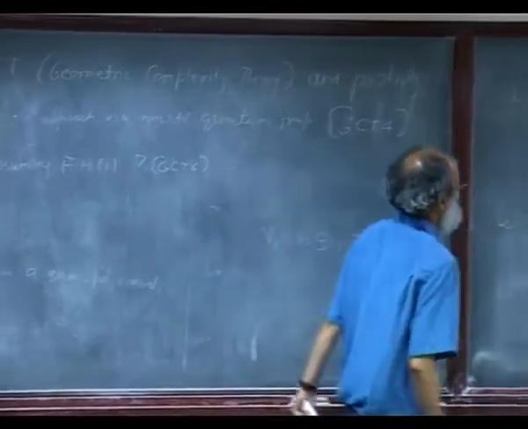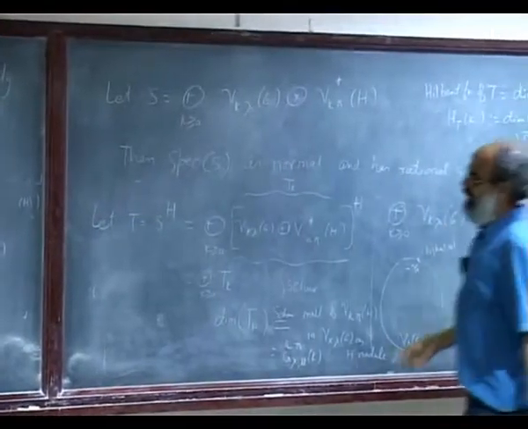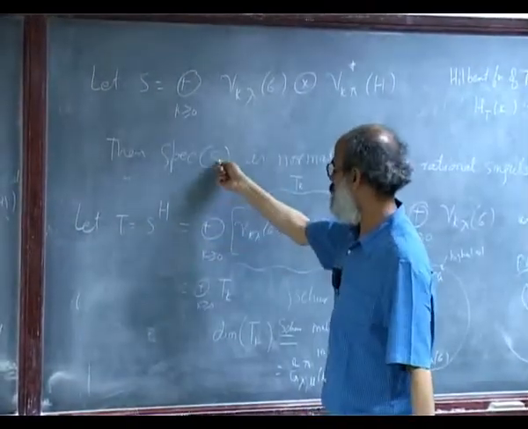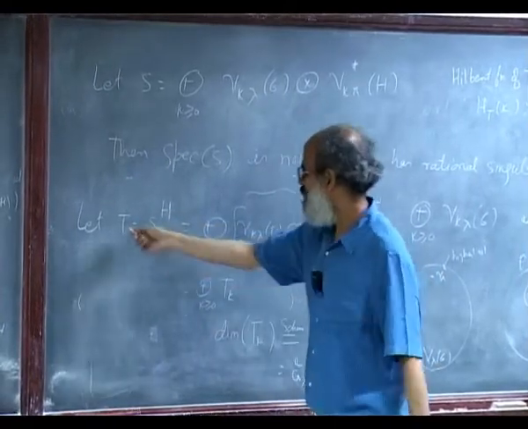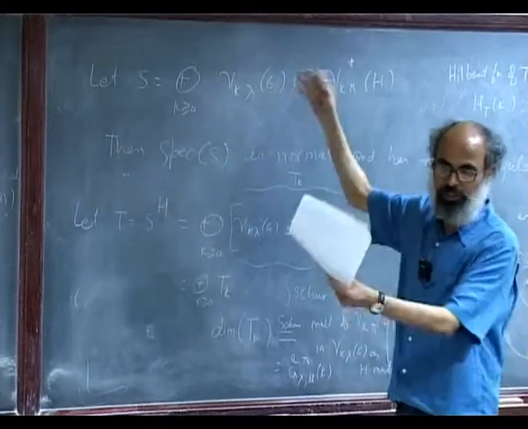We know that this is normal and has rational singularities, and this actually is the quotient of this by H. Okay, so this is the variety, or the spec, obtained by taking quotients in geometric invariant theory.